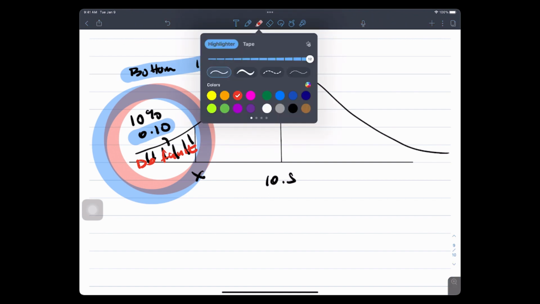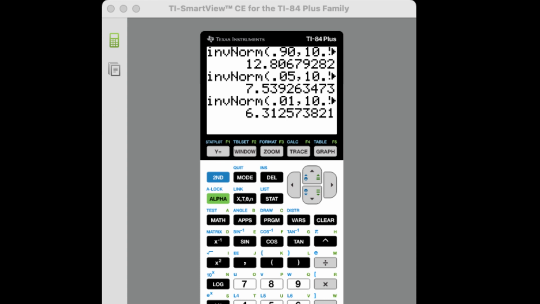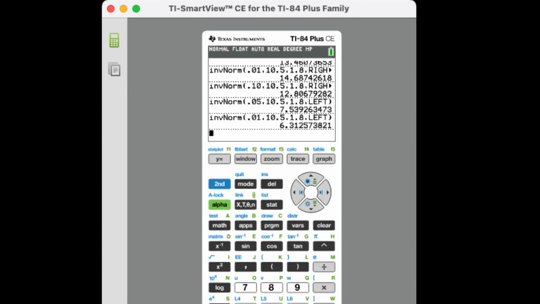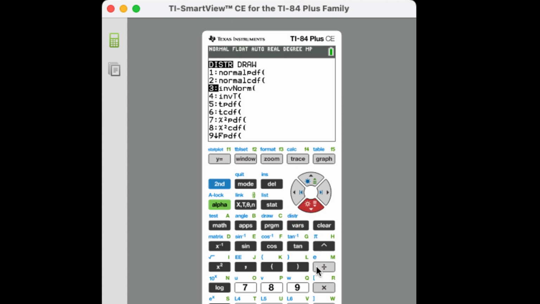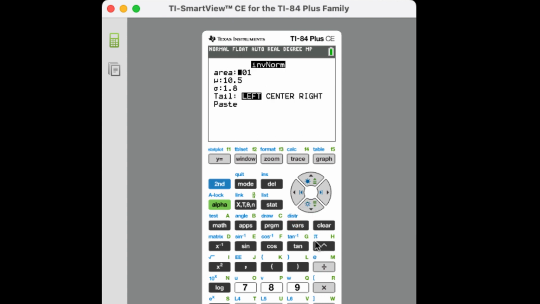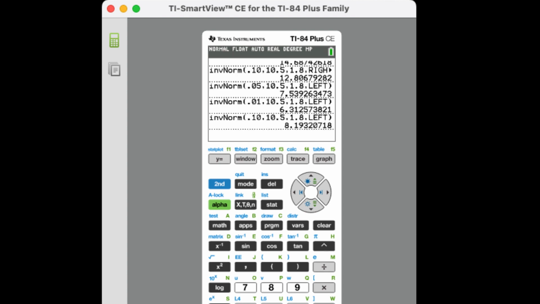So let's try this out. How do we write down 10%? Is that 0.10? Is that 8.2 hours?